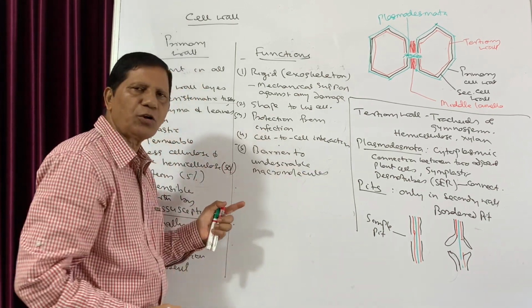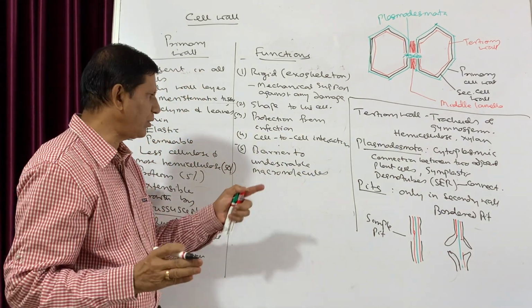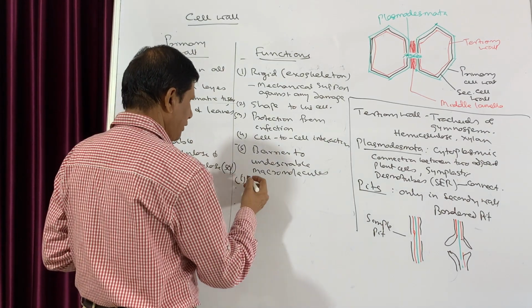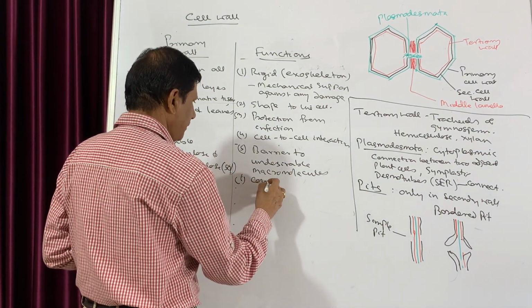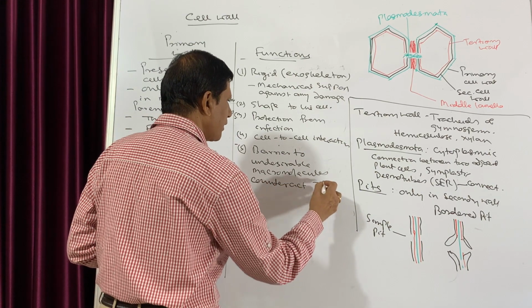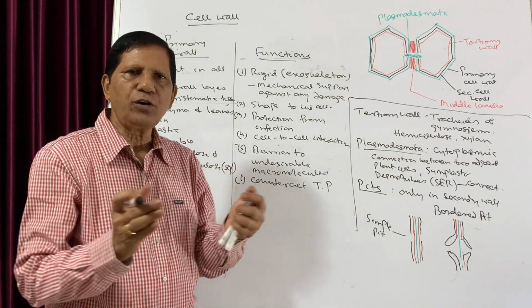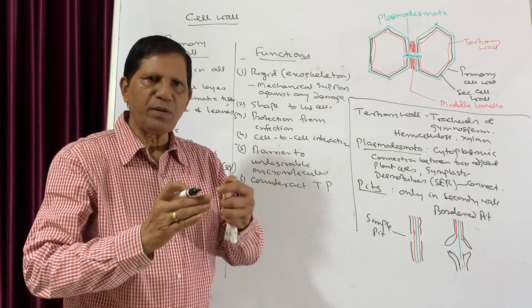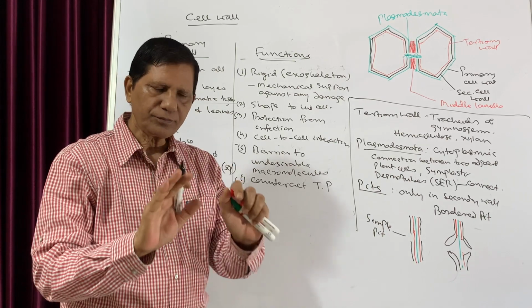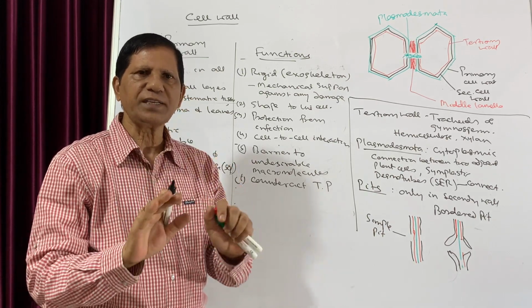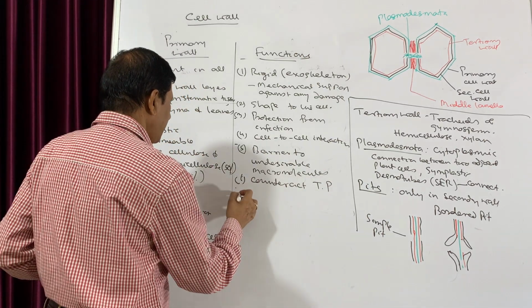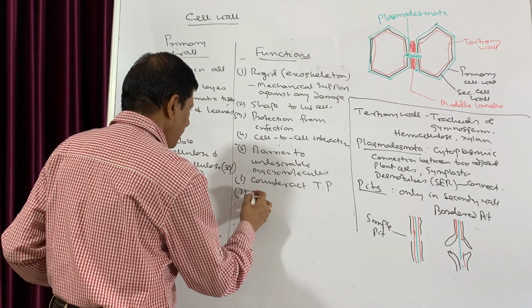That means the macromolecules which are not required by the cell will not be allowed in by this. Then the next point is it counteracts turgor pressure. When due to endosmosis the cell membrane swells and expands, the cell wall protects it so that the cell doesn't burst.